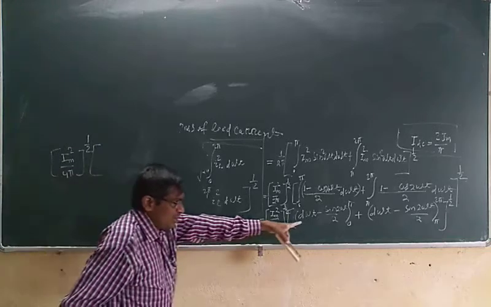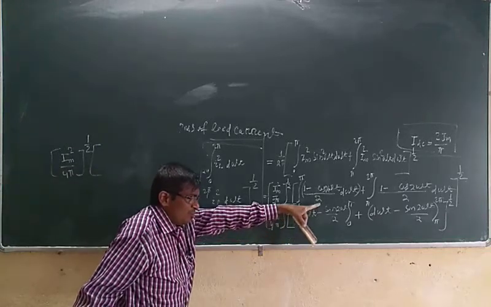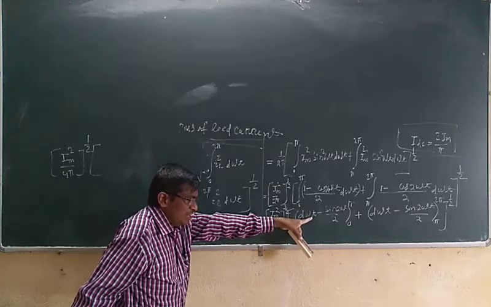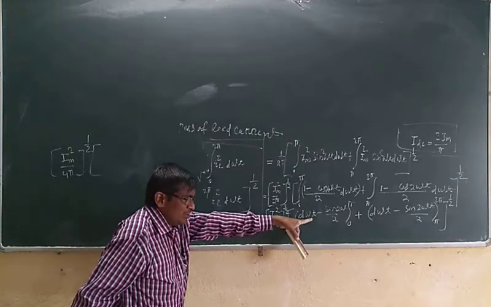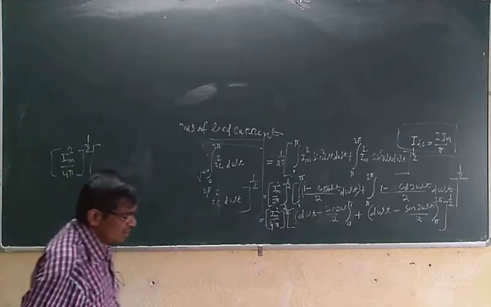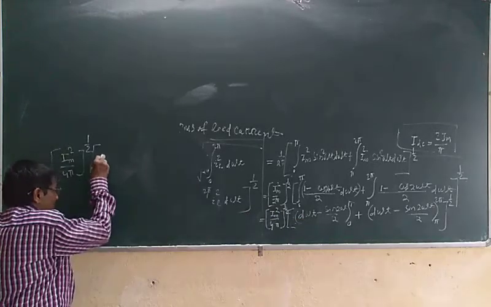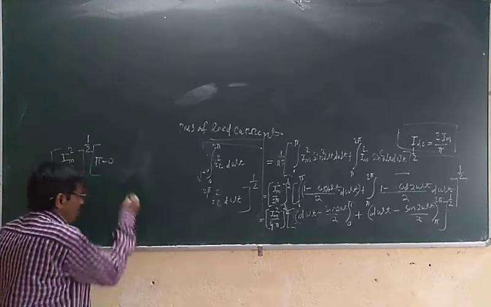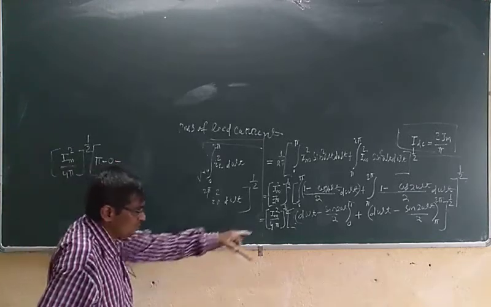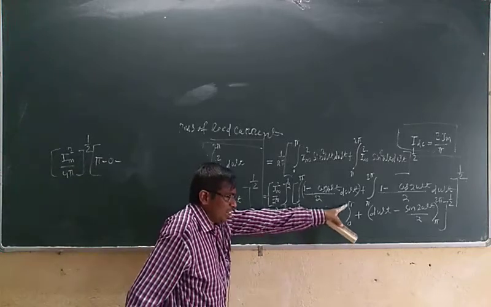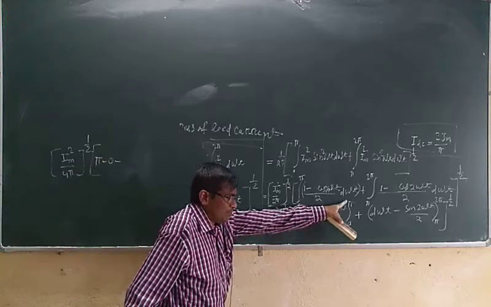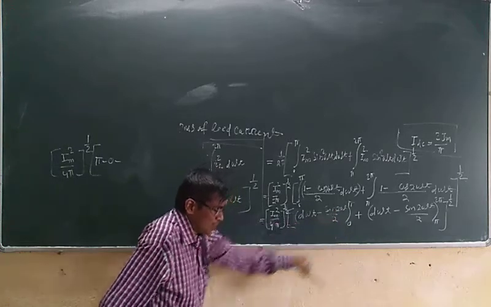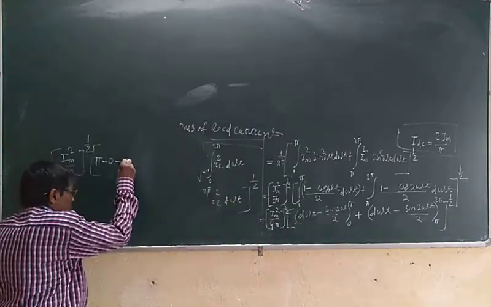Here d omega t means upper limit pi, here omega t is pi, now pi minus 0, minus sin 2 pi. Sin 2 pi means 0, 0 by 2 is 0, sin 0 is 0. Now 0 minus 0.